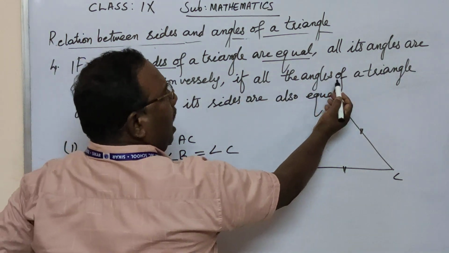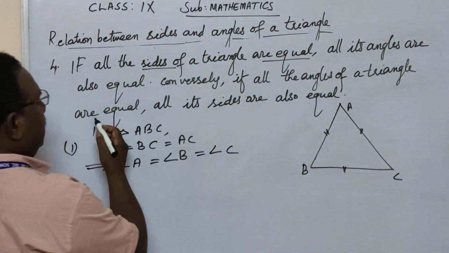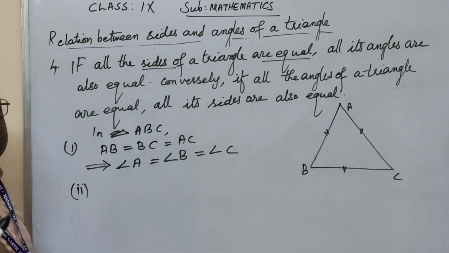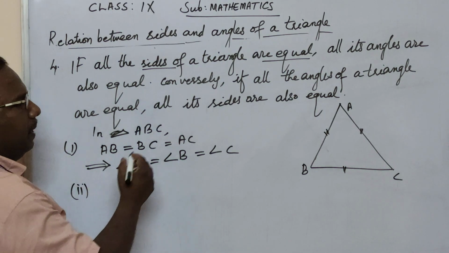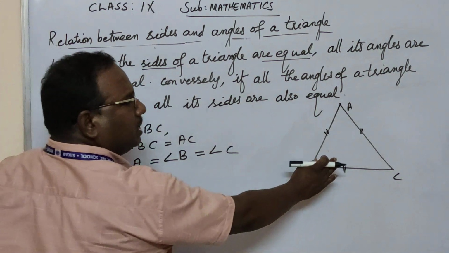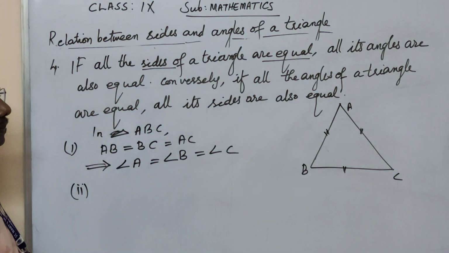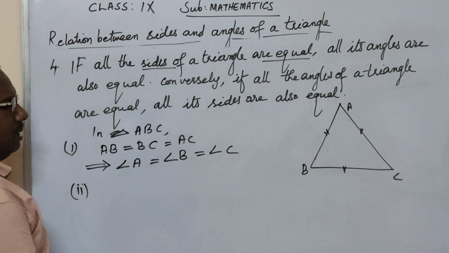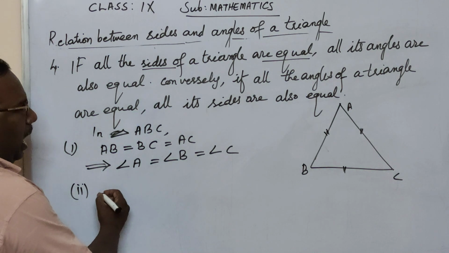If all angles of a triangle are equal, then all its sides are also equal. When you consider the same triangle ABC, angles are equal.